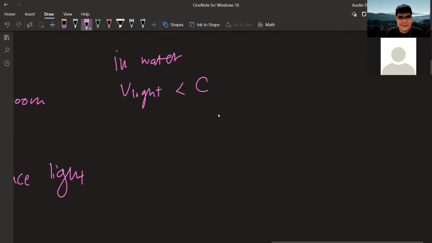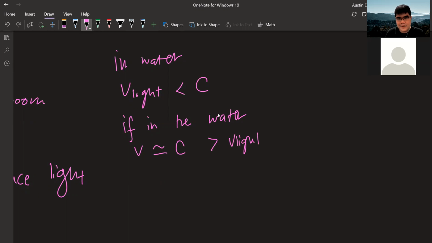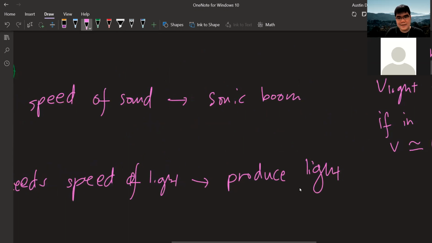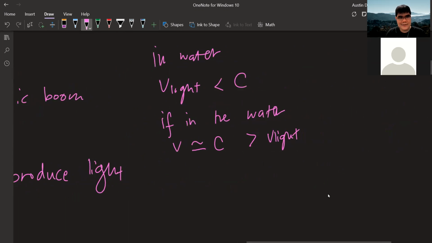Tapos, if in the water, you have something, a particle, kahit anong particle, parang may dumi, traveling near the speed of light, tapos greater than V light, okay, ang mangyayari is you actually produce light.